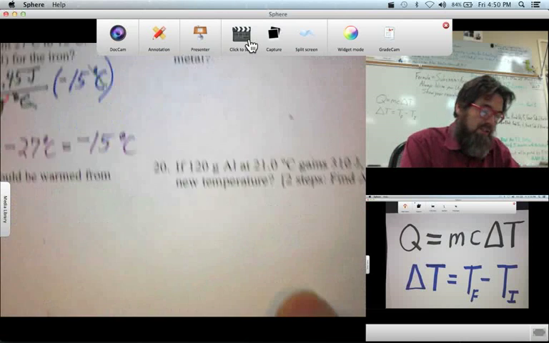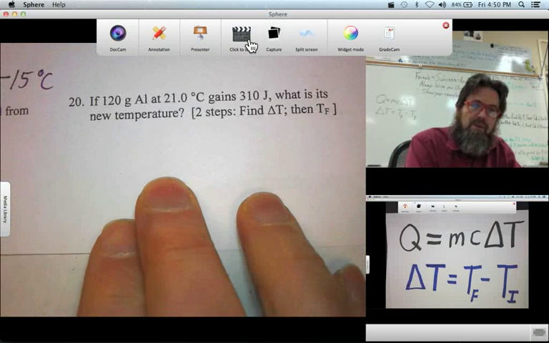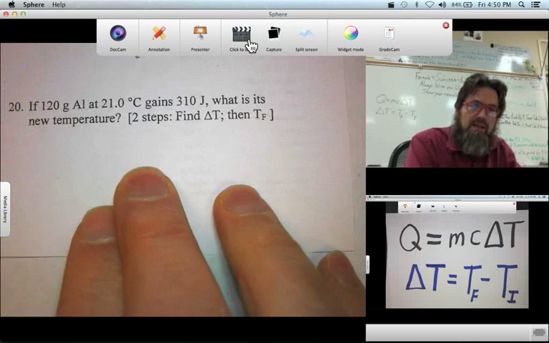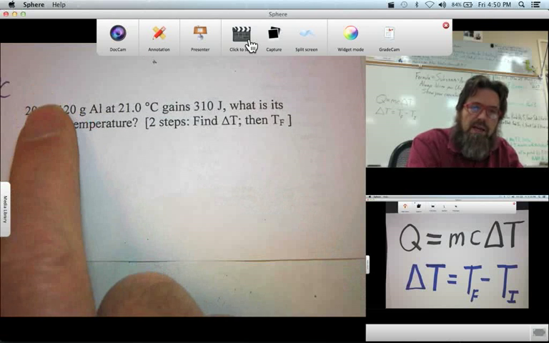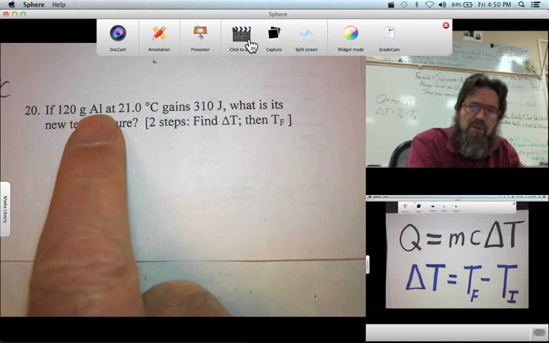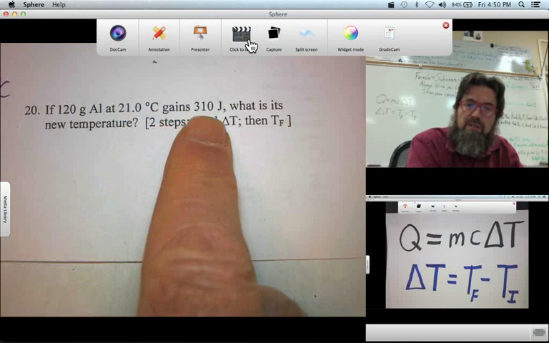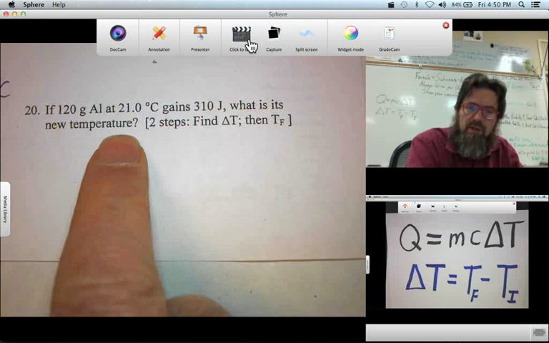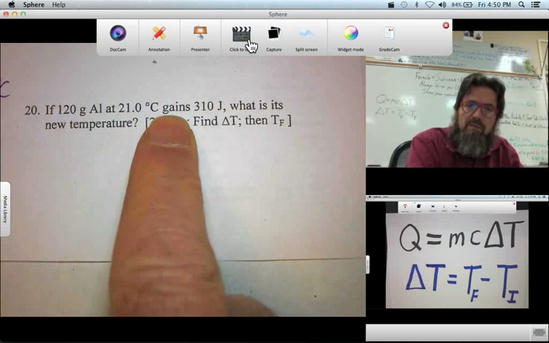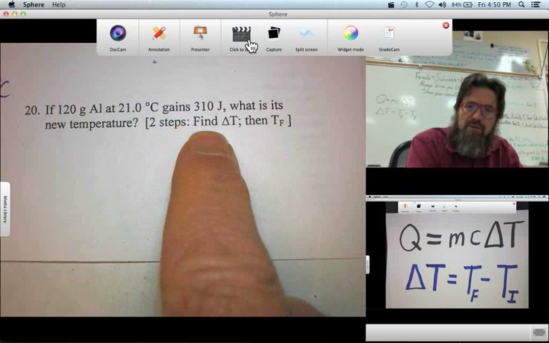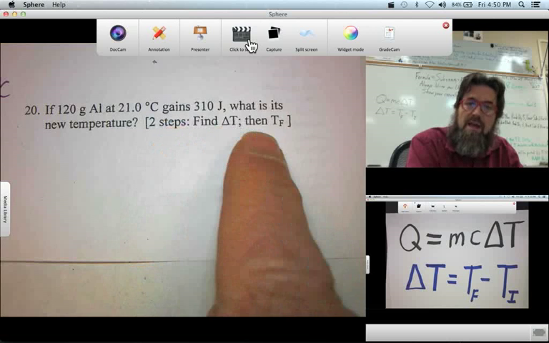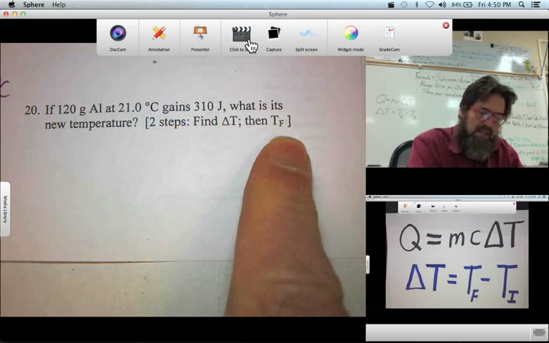Let's do one more. This is a little tougher problem, and it is question 20. If 120 grams of aluminum at 21 degrees C gains 310 joules, what is its new temperature? So here's the advice. Two steps. First find delta T, and then solve for T final.